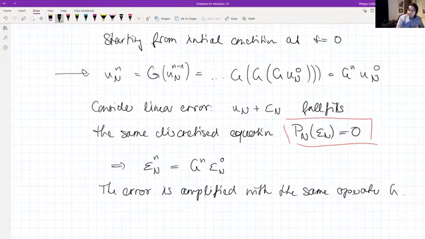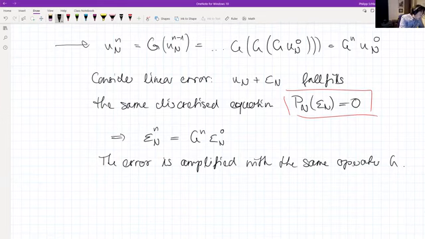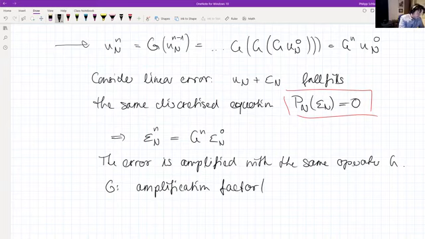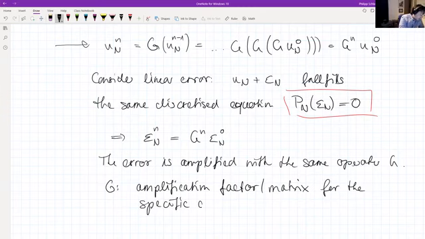Now I guess you have understood why I use G and why I always use the word amplified. G in the end is what is called the amplification factor, or the amplification matrix, if you think of a matrix problem for the specific discretization.